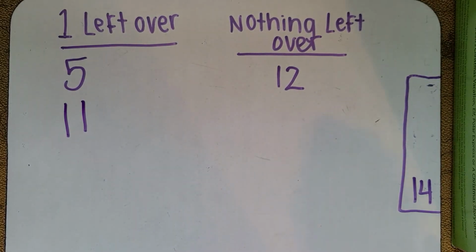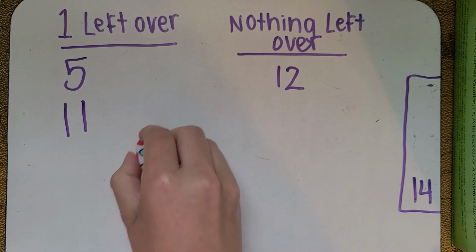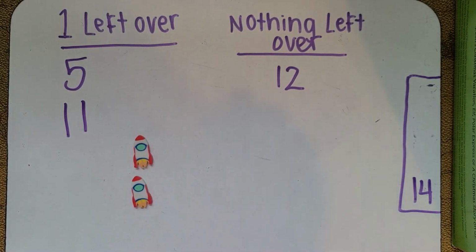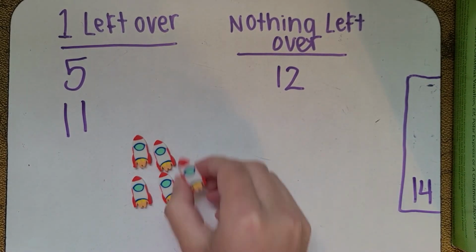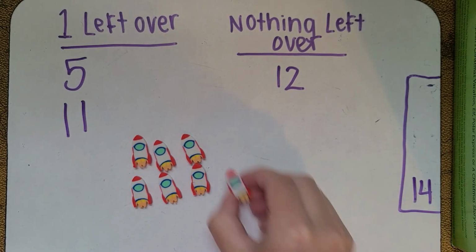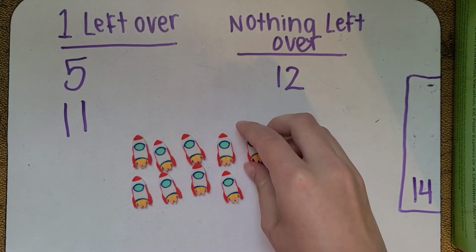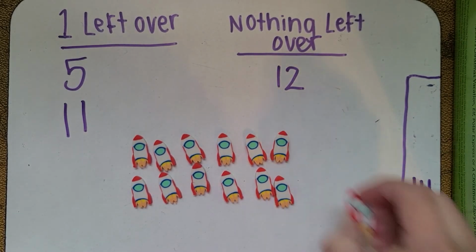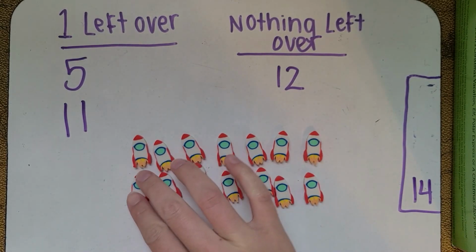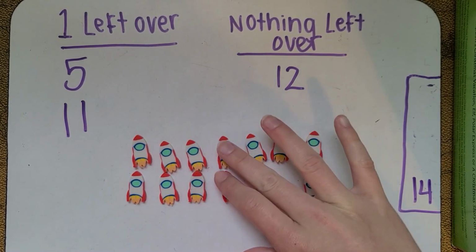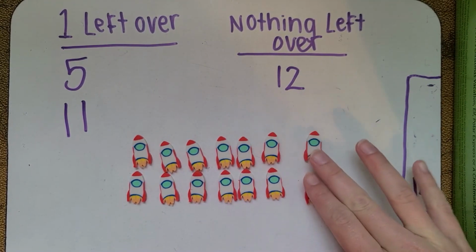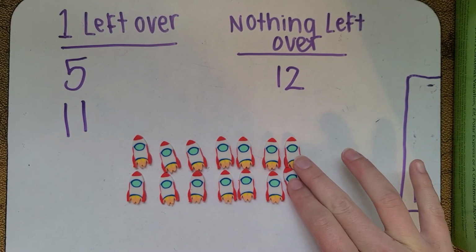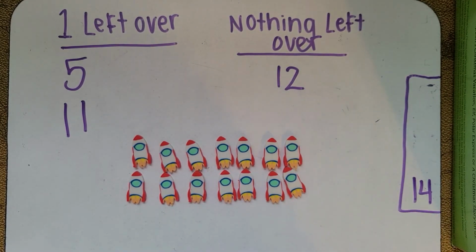All right, the next number we're going to make is 14. Count by 2s again. 2, 4, 6, 8, 10, 12, 14. And looky there, all of my rocket ships have a partner, have a pair, and I don't have any left over here.